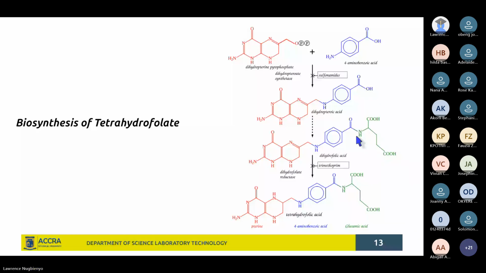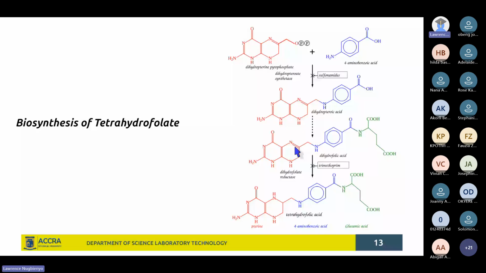All right. And so now you have that dihydrofolic acid. And the dihydrofolic acid undergoes some reduction reaction. If you just take a close look at it, you only see there are some slight differences between the dihydrofolic acid and the tetrahydrofolic acid. What you notice is, if you take the very first part, where you have the two rings, you see on this nitrogen, there is no hydrogen, and there is a double bond there.